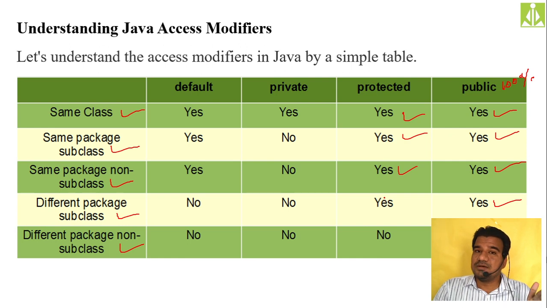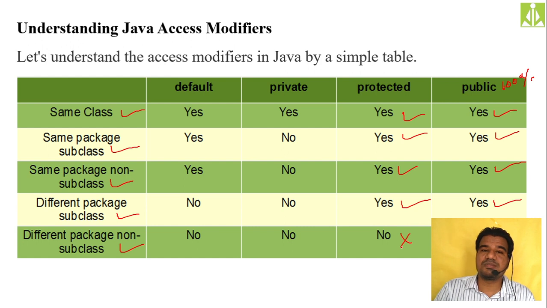Different package subclasses we can access. Different package non-subclasses we can't. There is a restriction. Then private means only within the class we can access and the rest of all we can't. So same class we can access, the rest we can't.